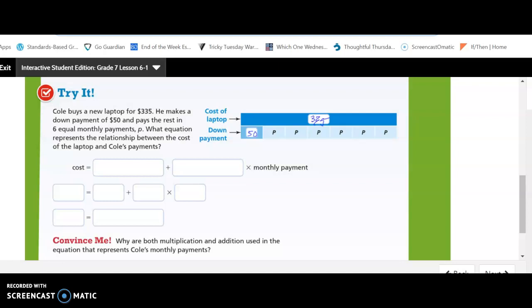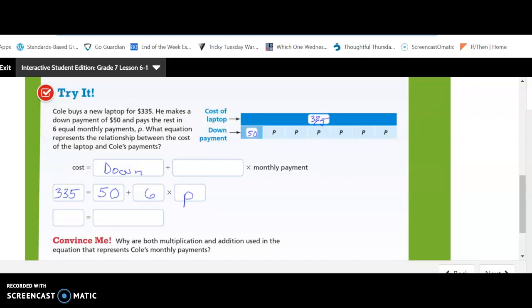So we can express this using our visualization here. The cost, which is our total cost of the laptop, was $335. Then I paid my down payment of $50, plus I paid 6 equal payments.